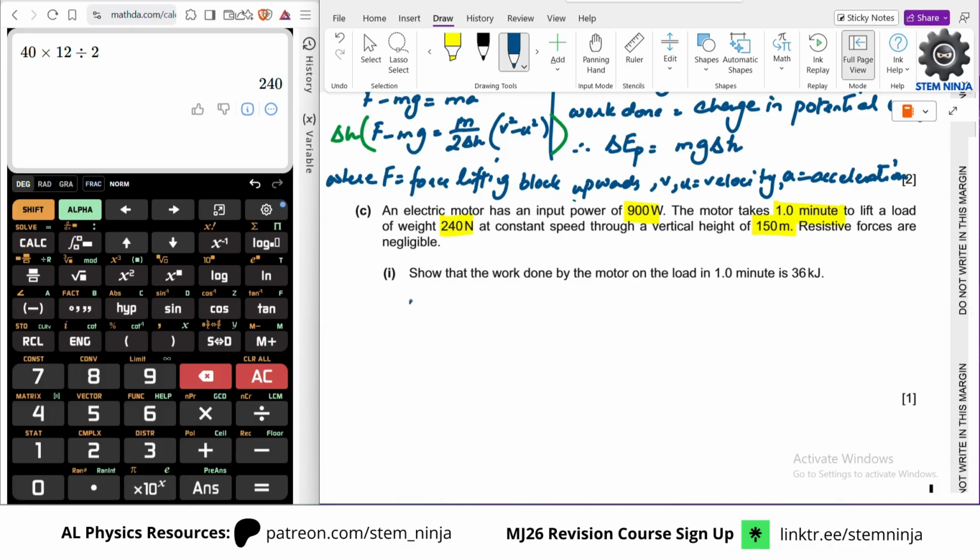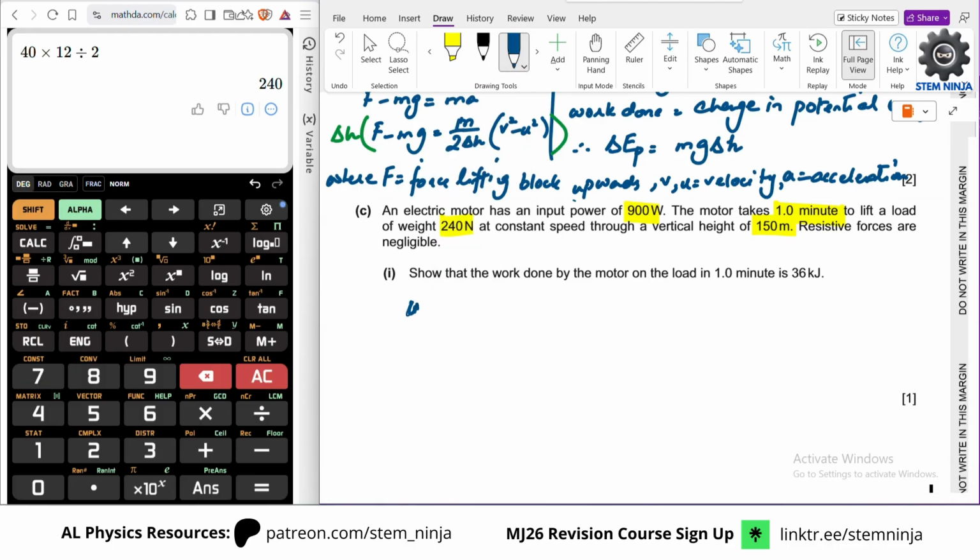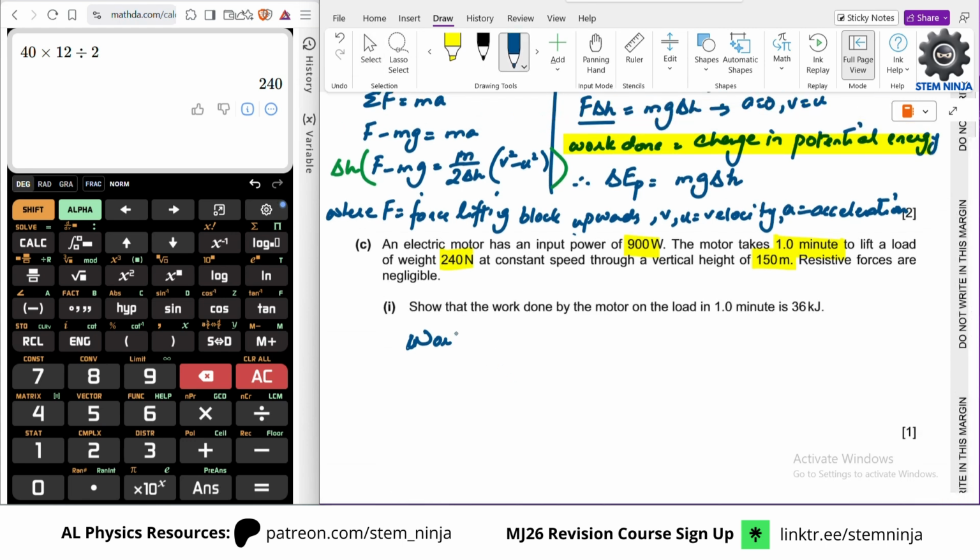Okay, so like we showed over here that the work done is basically the change in gravitational potential energy. So work done is going to be the change in EP, which is mg delta H. So 240 Newton is the weight and change in height is 150 meters.